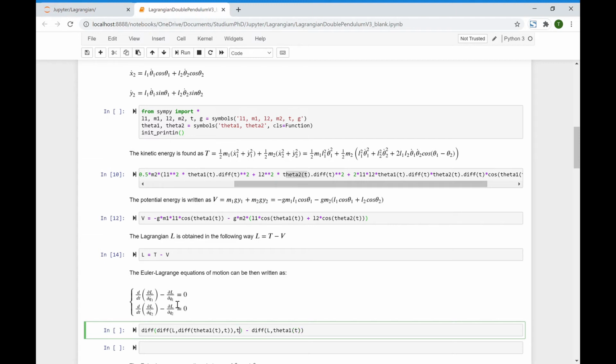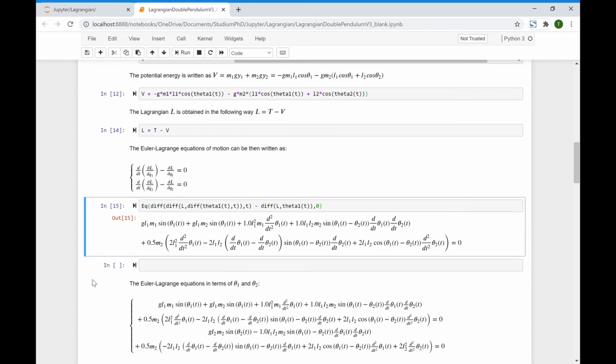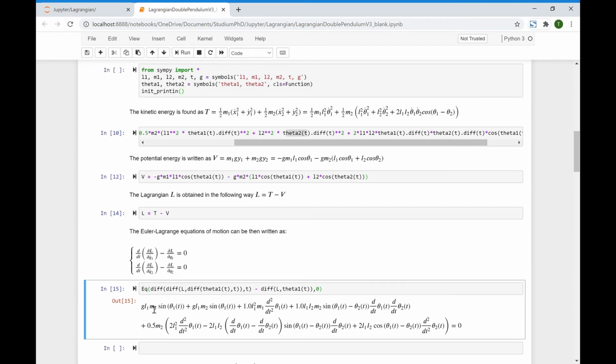And this is all equal to 0, so we write equal to 0 and run. So this is how our first equation will look, and we can do the same for the second equation.